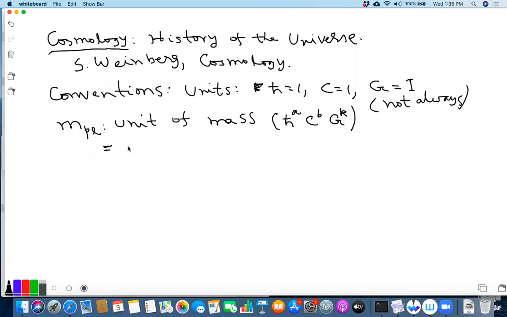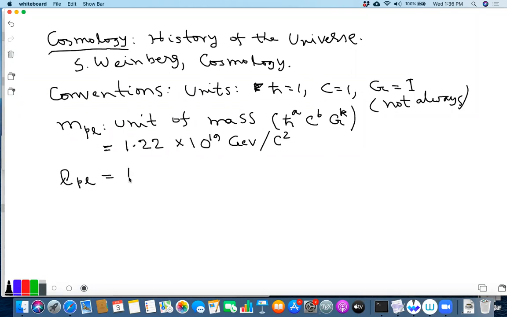I'll write it in terms of energy. This is 1.22 times 10 to the 19 GeV. This is energy, per c squared if you want to convert it to mass, where c is the velocity of light. Similarly, the unit of length is what we call the Planck length, L Planck, which can be found by the same procedure.